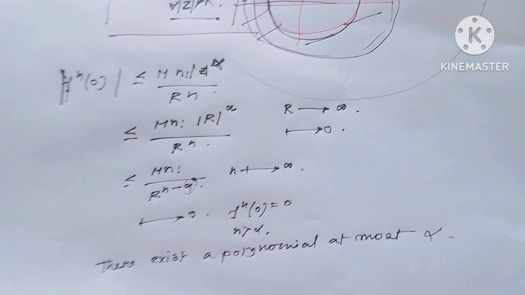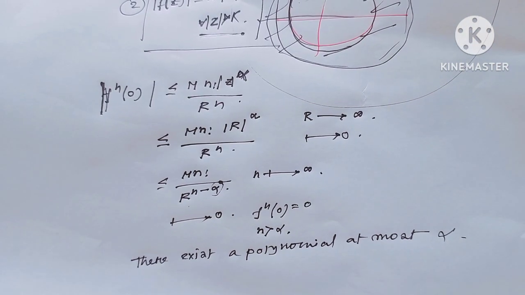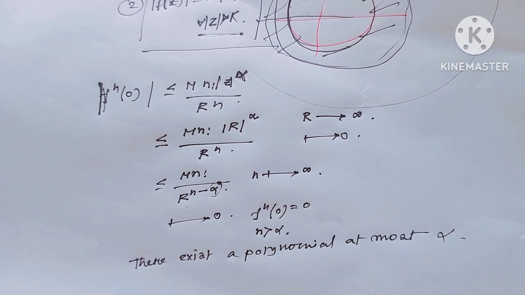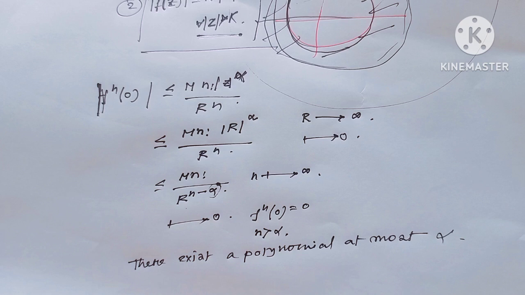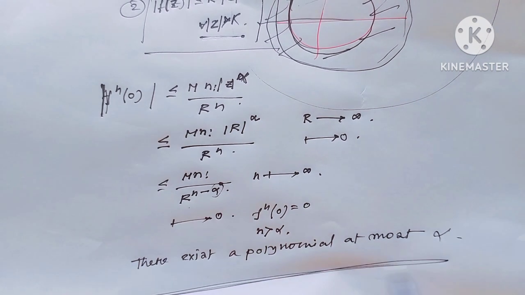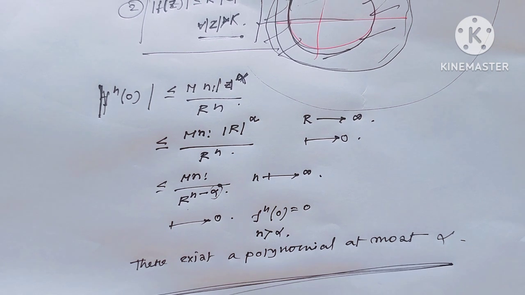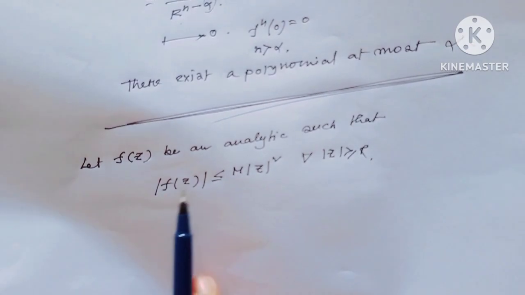That means when r goes to infinity, the n-th derivative at the point 0 would be 0. So there exists only a polynomial of degree at most alpha. As an example, next I will see one example.